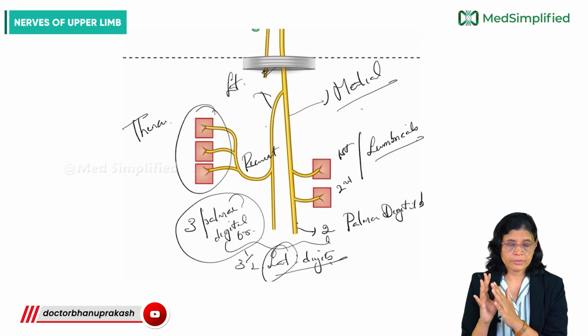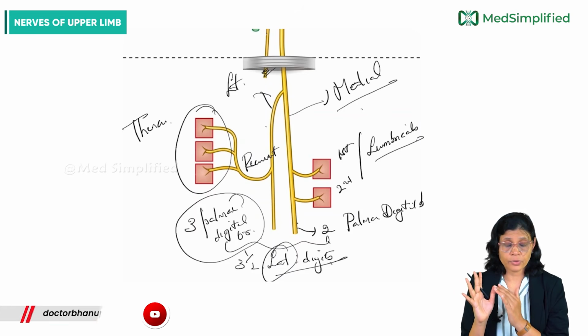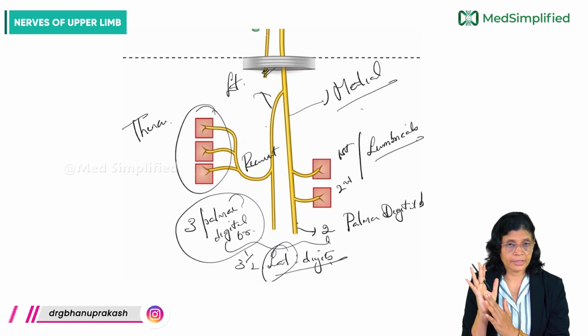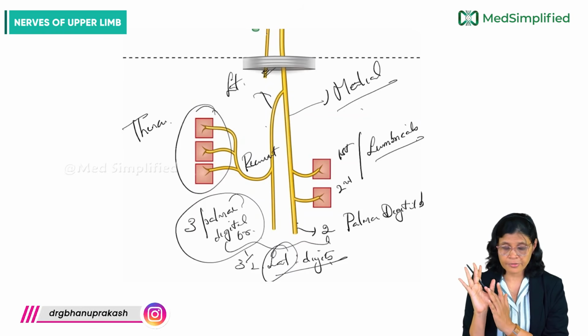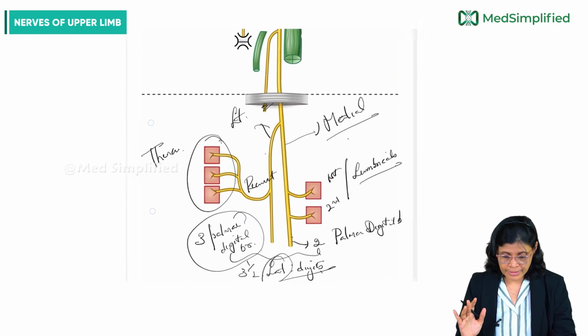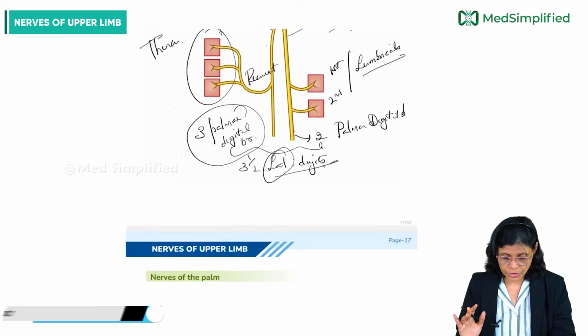That is how they supply the skin over the lateral 3.5 digits once the median nerve enters the carpal tunnel. Before it enters, it gives the palmar cutaneous branch, which supplies the skin over the lateral part of the palm. This is very important to remember. So that is about the course and distribution of the median nerve.